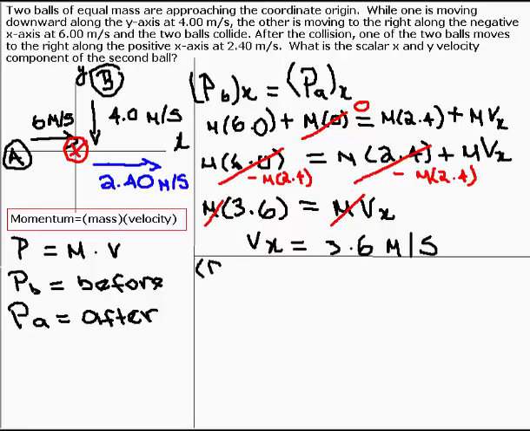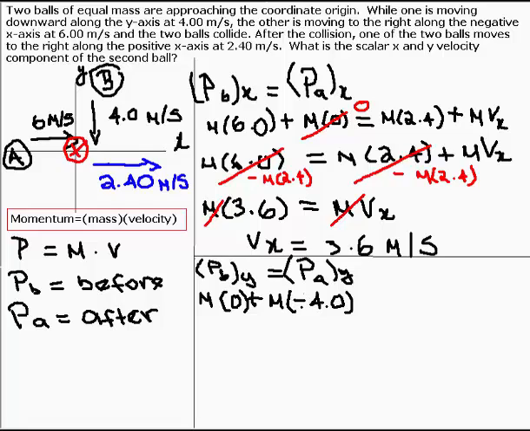And so we have P before y must equal P after y. So momentum in the y direction before should equal the momentum in the y direction afterwards. So we'll take the mass of the first ball and its velocity in the y direction, which is simply 0, plus the mass of the second ball times -4 meters per second for the velocity of the second ball.